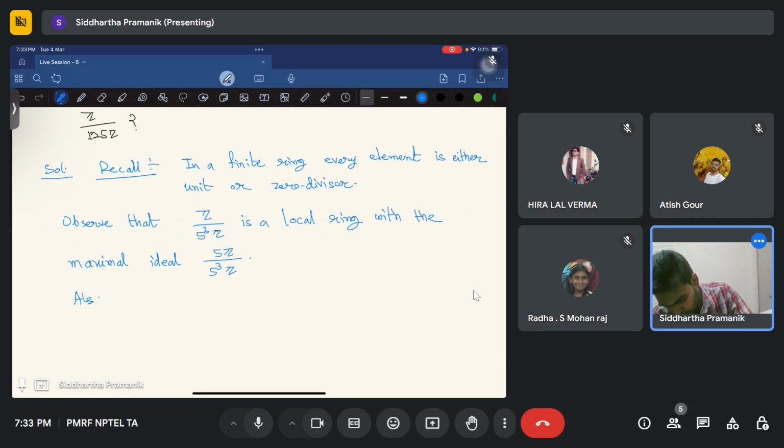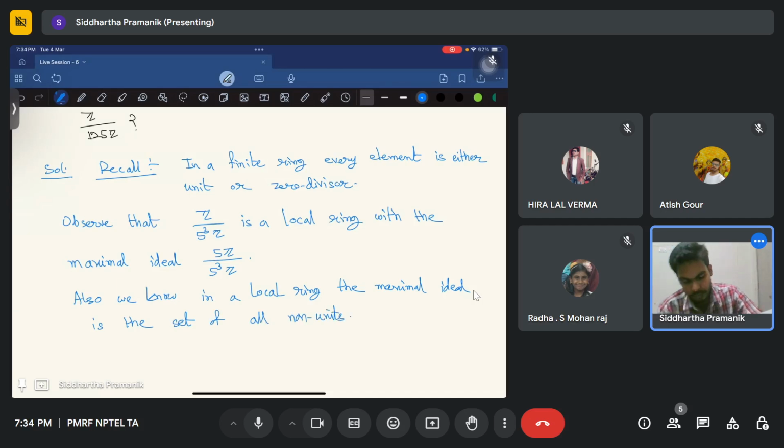So also we know in a local ring the maximal ideal is the set of all non-units. So all the non-units are contained in this set. So all the units are in the complement of this set, right?